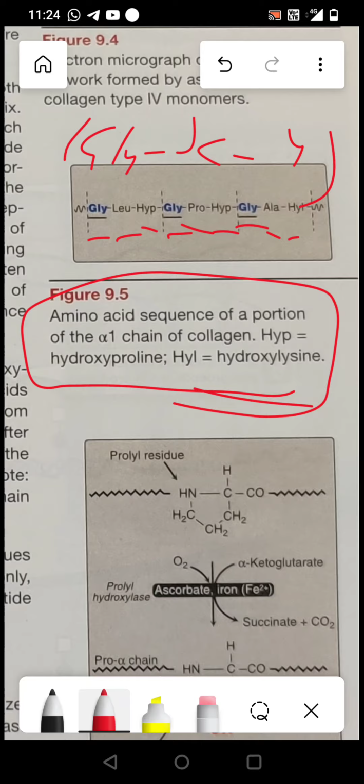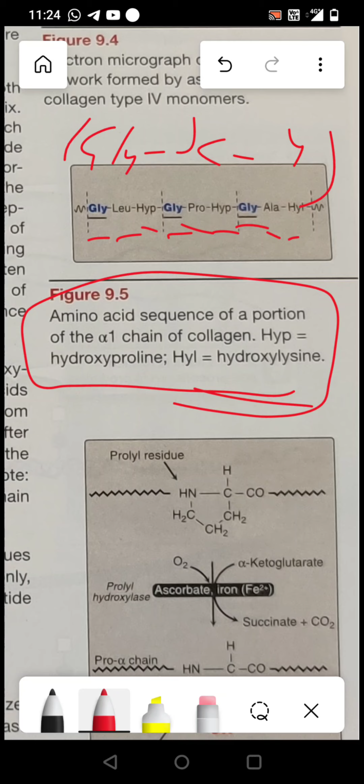Now, though glycine is mainly present continuously, proline facilitates the formation of the helical conformation for each alpha chain because its ring structure causes kinks in the peptide chain.